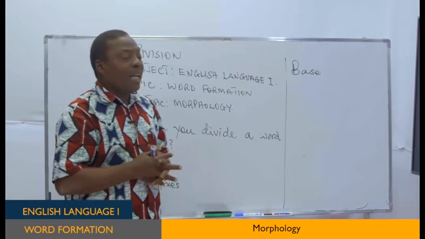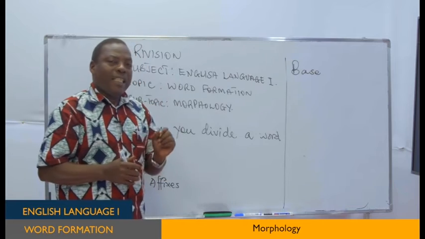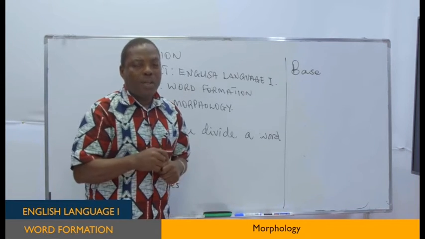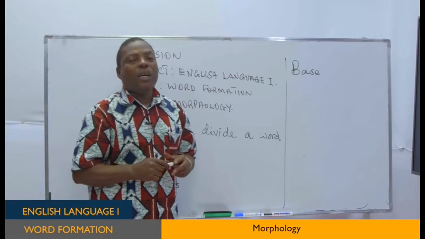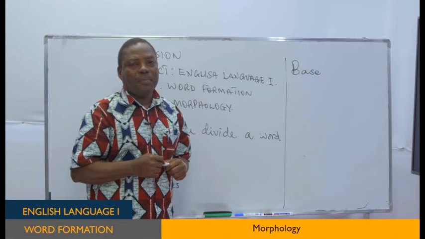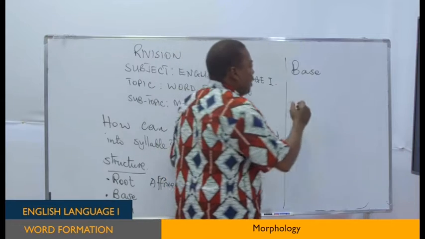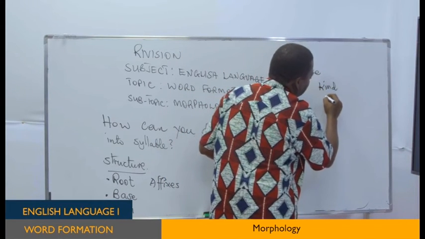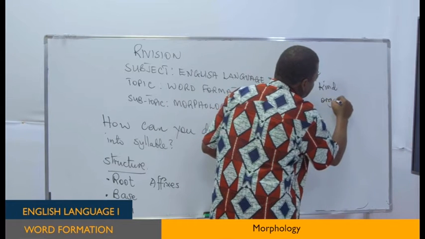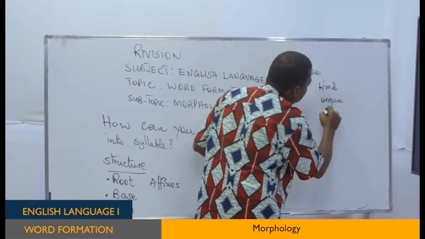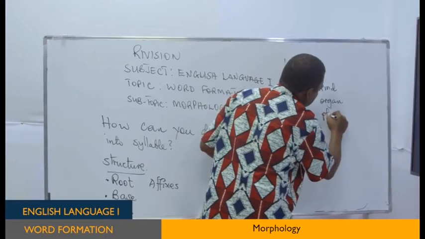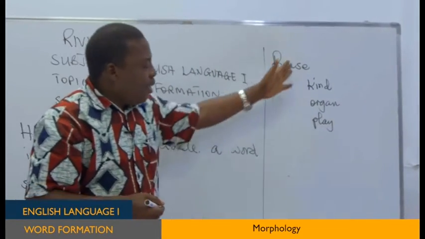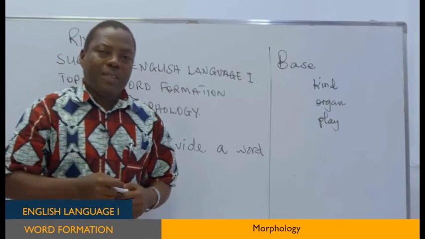In other words, you can as well say that a base is a word that has a possibility of accepting both inflectional attachment and or derivational attachment. Think about these three words. These are good examples of a base.